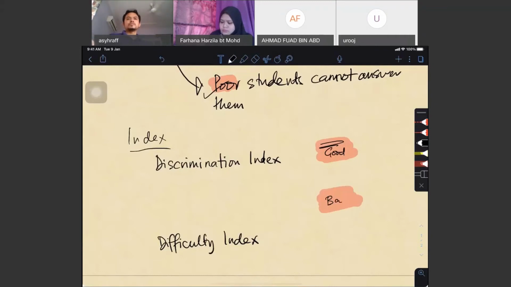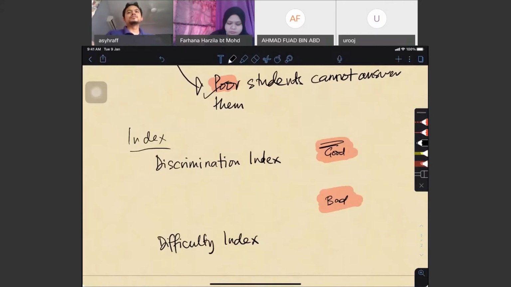These words, good, bad, poorly performing, sometimes feel like a stigma, so just think of this in terms of the exams only. We're not saying they are bad students or good students.